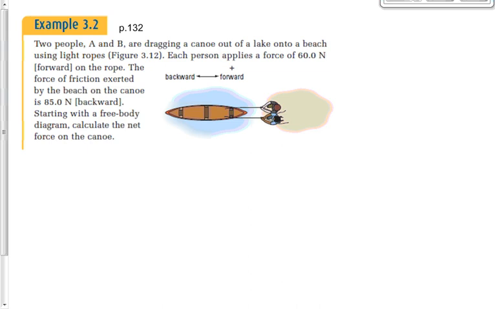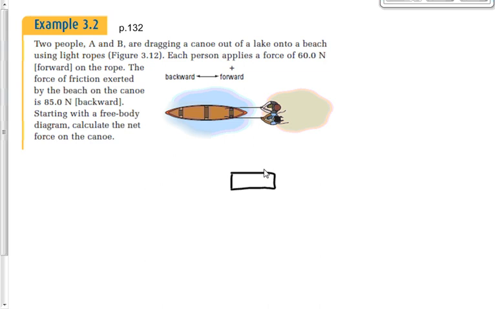Let's draw a free body diagram, but as opposed to a free body diagram like we draw of, say, a car, where you have gravity and the normal force, let's draw the free body diagram looking at it from above. That's easier in this case. So here's my canoe.